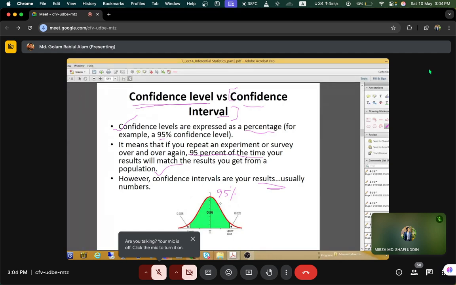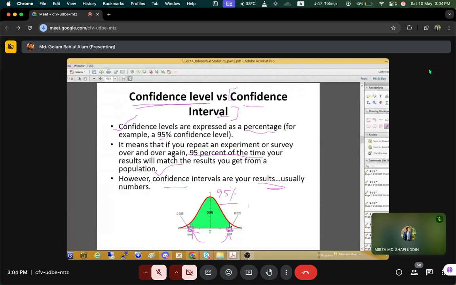But what about the confidence interval? That is the limit of your results. You have the upper limit and the lower limit. These are the limits of your result. So the confidence interval mentions the range of your results, but the confidence level gives the confidence in percentage.